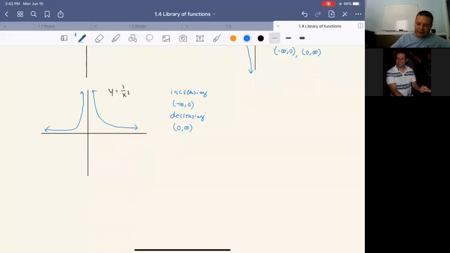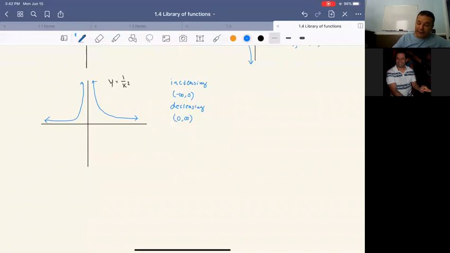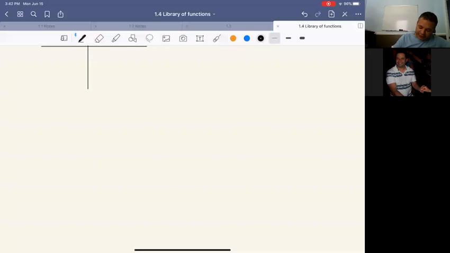Okay, next let's take a look at an example that you might see in a homework problem. So let's say that we have a graph that has the following properties.